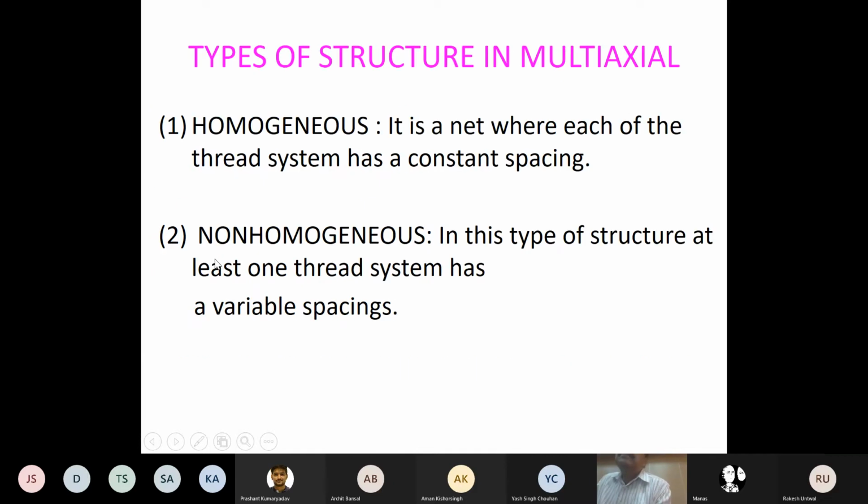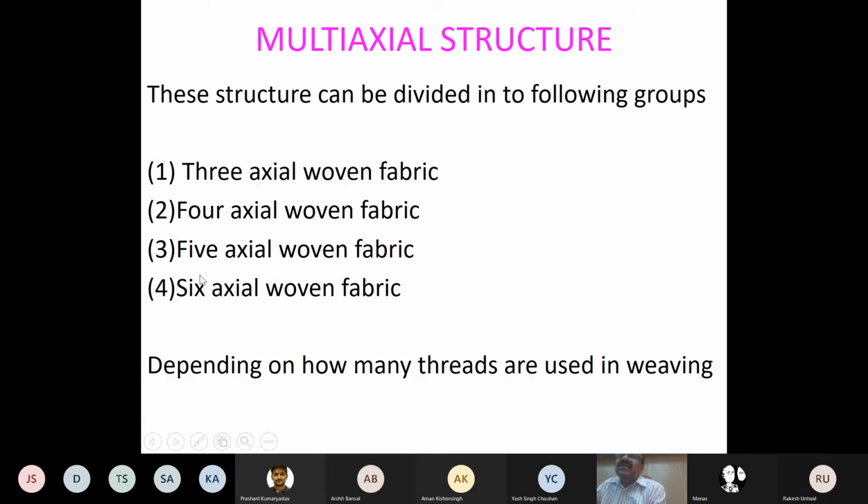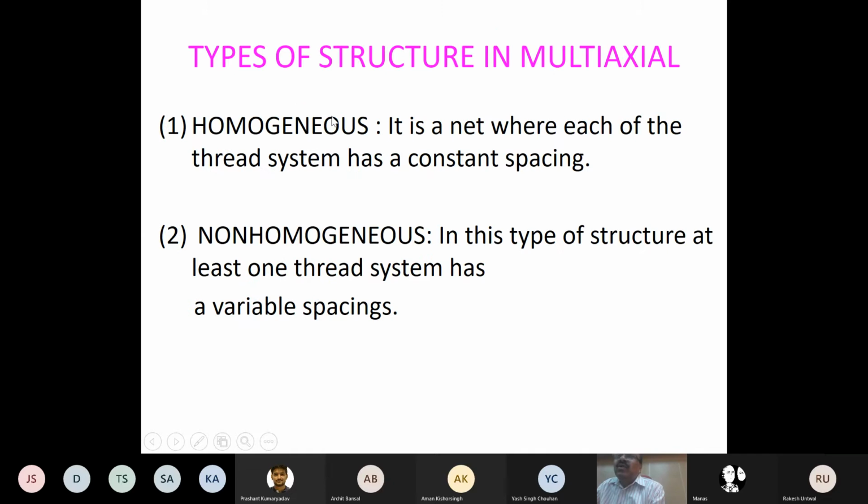For example, we classify all these multi-axial 3, 4, 5, 6 into two categories. One is called homogeneous, another is called non-homogeneous. What is homogeneous? Homogeneous multi-axial means it is a net where each of the thread system has a constant spacing.